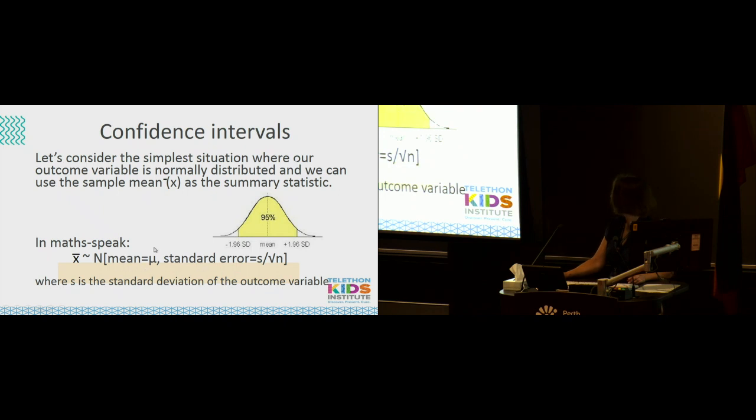The sample mean is our estimate of the true population mean, mu, and it has a variation, what we call the standard error, and that's the standard deviation within the sample divided by the square root of the number in that sample. So you can see where we're coming at with the sample size calculation. The bigger the number of individuals we study, the smaller our standard error is going to be.